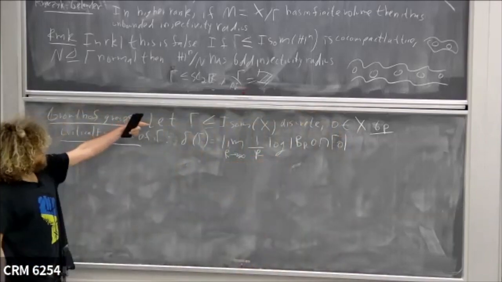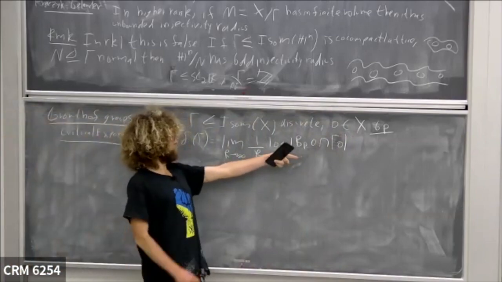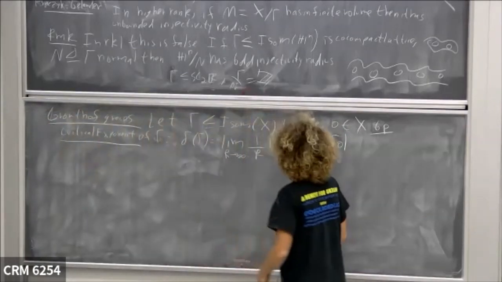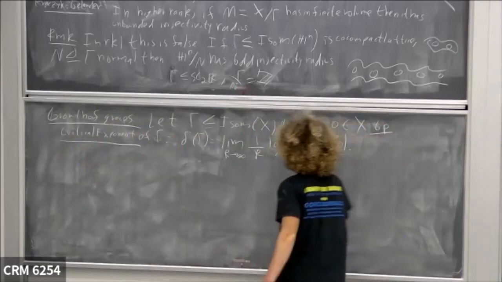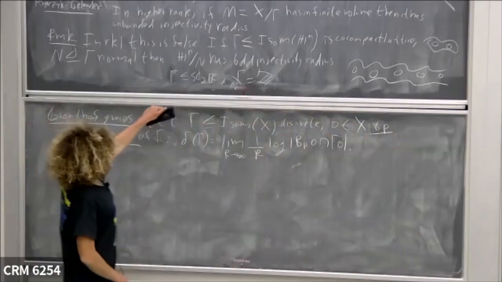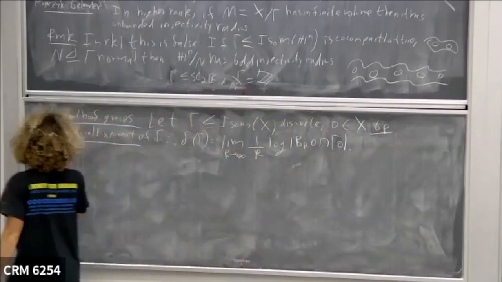This really only makes sense for discrete groups, because otherwise this is infinite. So this is a number, but it has some very nice properties in this setting.